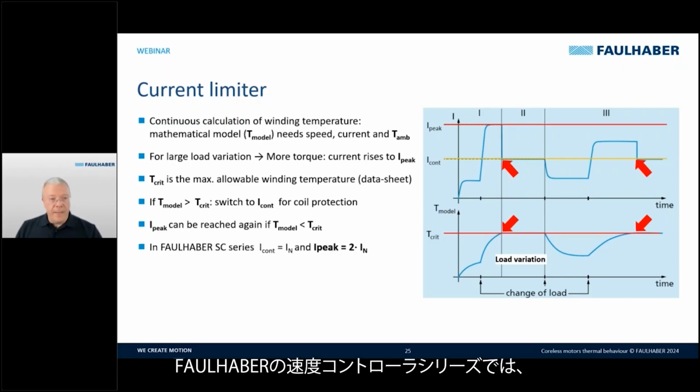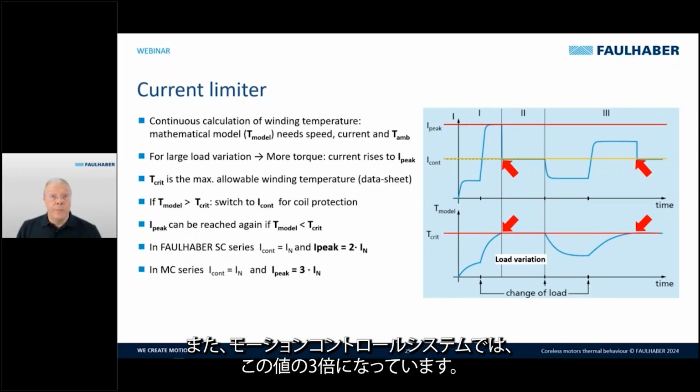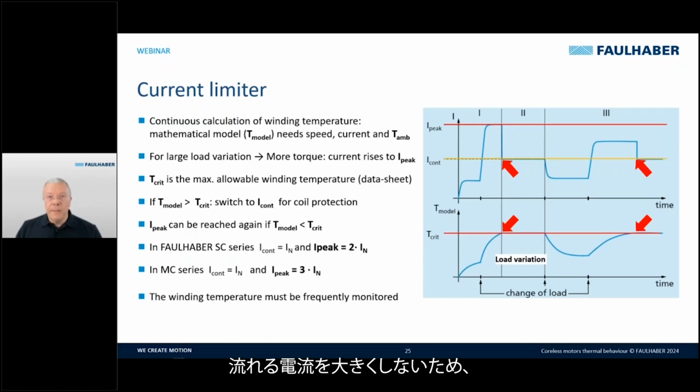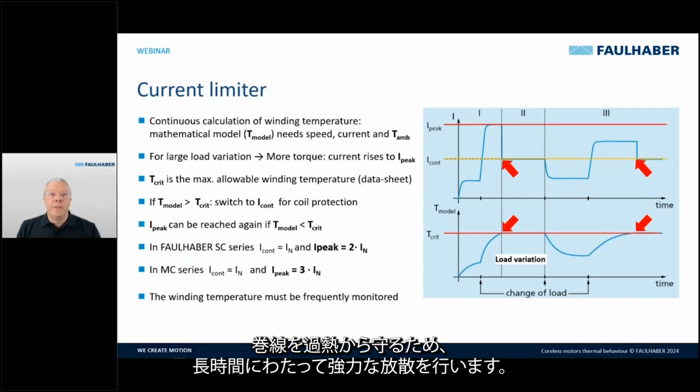So again, in the FAULHABER speed controller series, we have a peak current that is twice the nominal current, and in the motion controller, the motion control system, we have 3 times this value. During operation, the winding temperature must be frequently calculated in order to be sure that we don't have high current, so high dissipation for a long time, to save the winding from overheating.